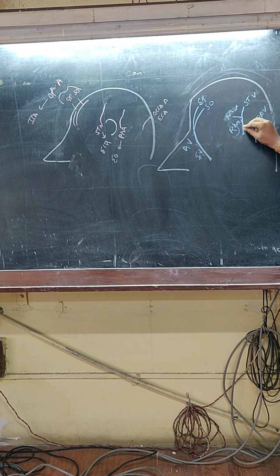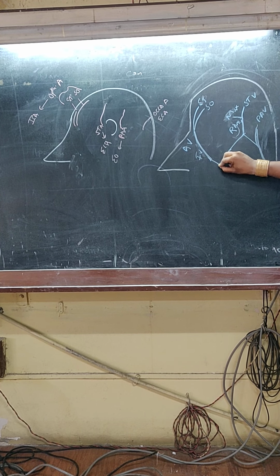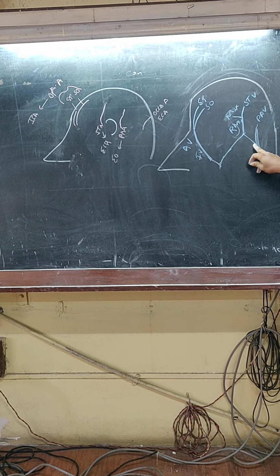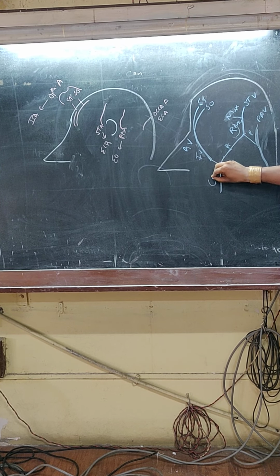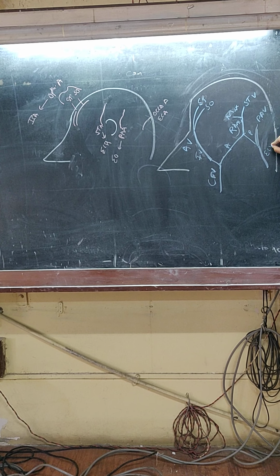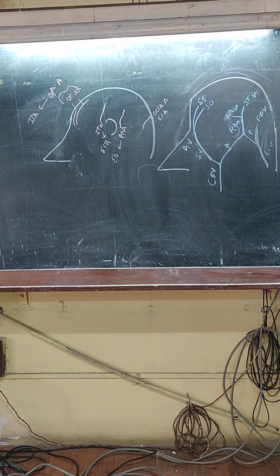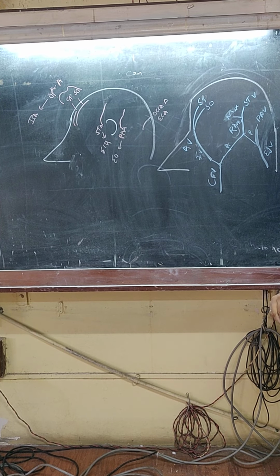Now what happens is this retromandibular vein, the unique thing where a vein divides into anterior and posterior divisions. The anterior division unites with the facial vein to form the common facial vein, and the posterior division unites with the posterior auricular vein to form the external jugular vein.